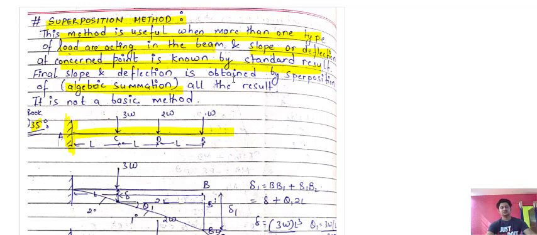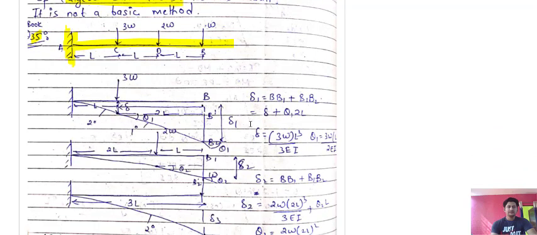So suppose we take this numerical now. In this case, there are point loads acting: 3W, 2W and W, and the length from A to C is L, from C to D is L, and from D to B is L. First of all, for applying the superposition theorem, you will apply only one load, whose standard result you know.